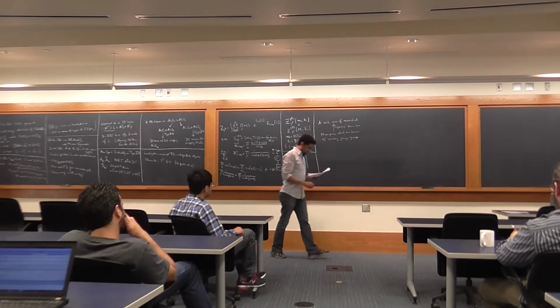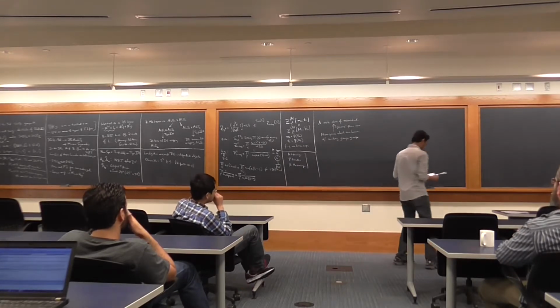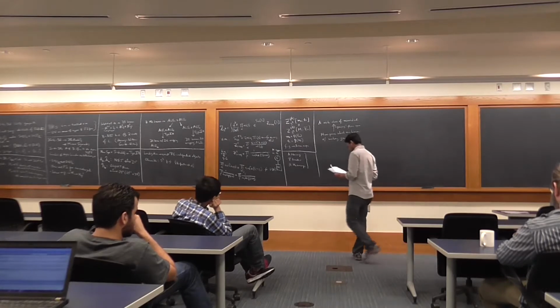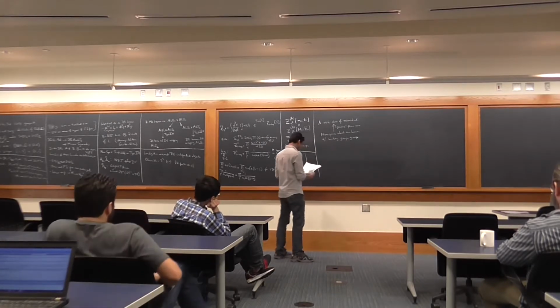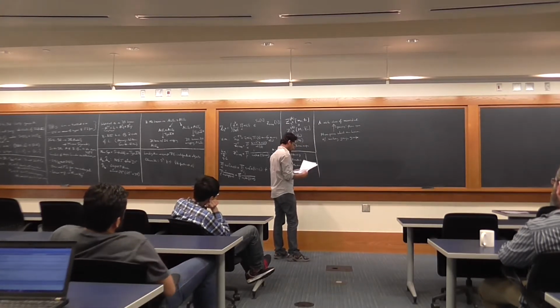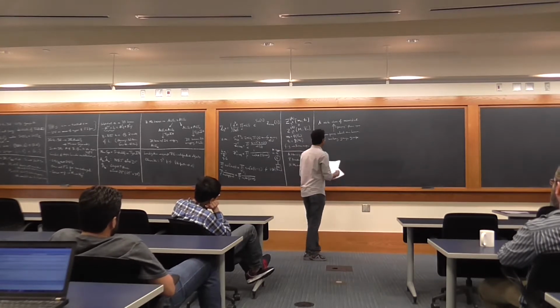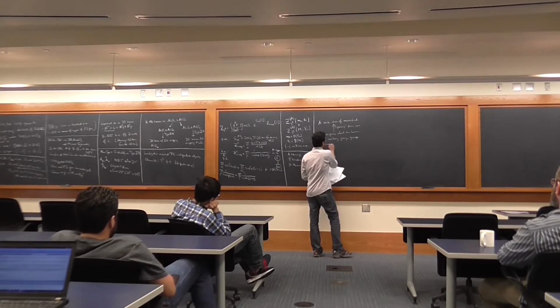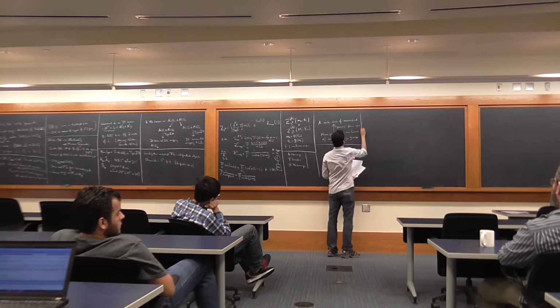Let me begin with an example. Is that arrow meant to indicate RG flow?